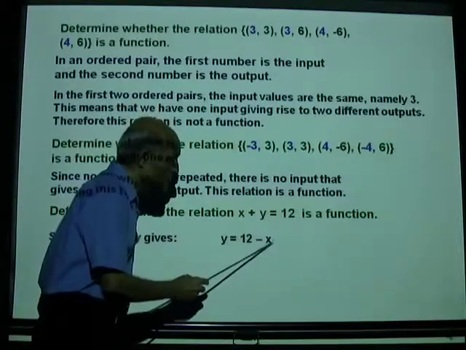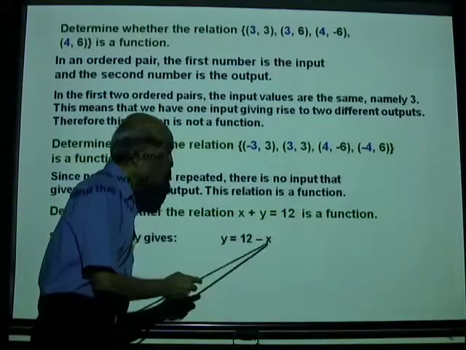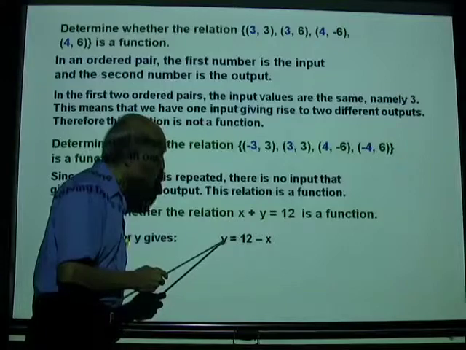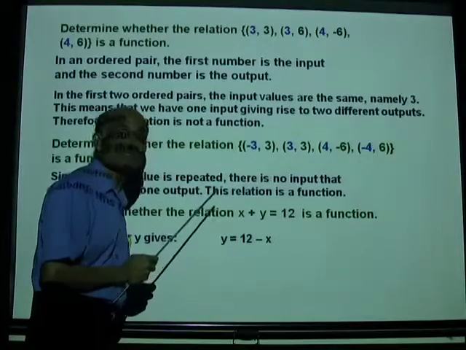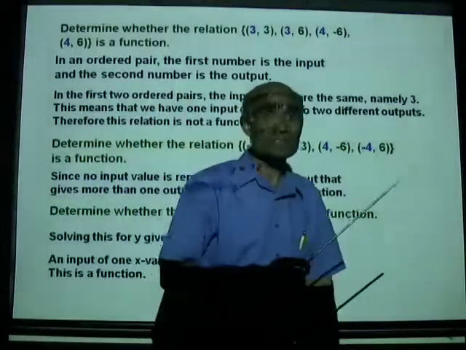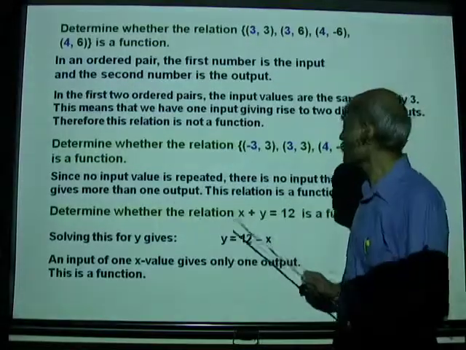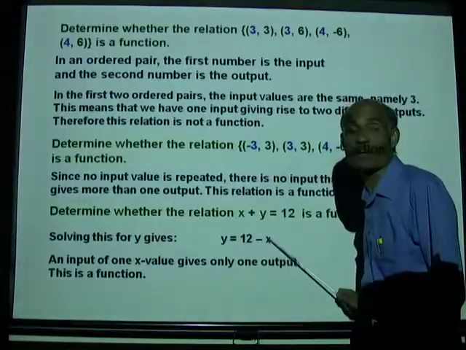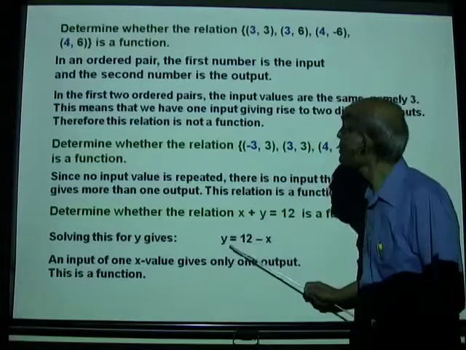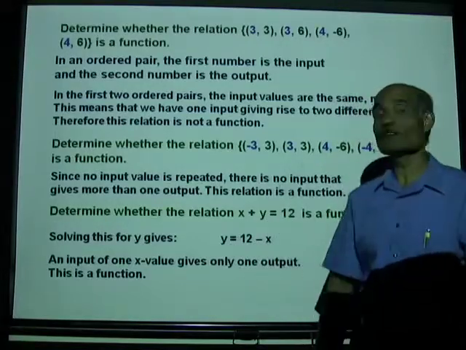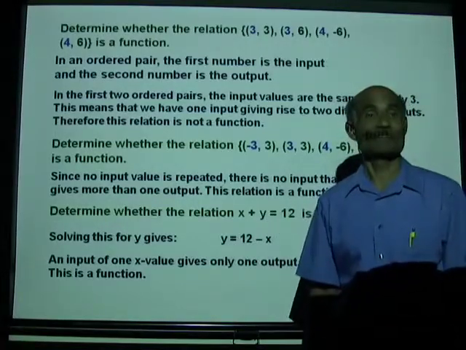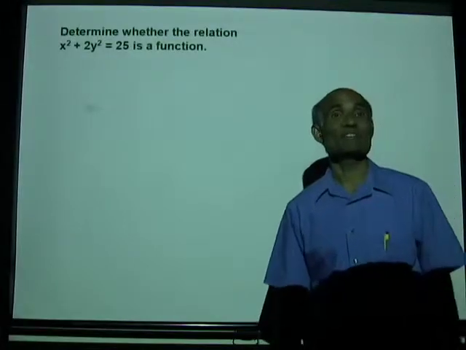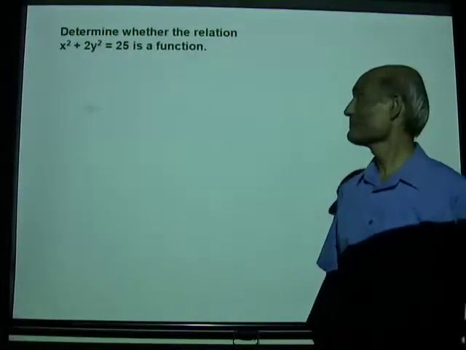Now, if you use an input value here, will that input give you more than one output? Well, I don't think so. That means this is a relation where one value of the input will give you only one value of the output. Therefore, that is a function.